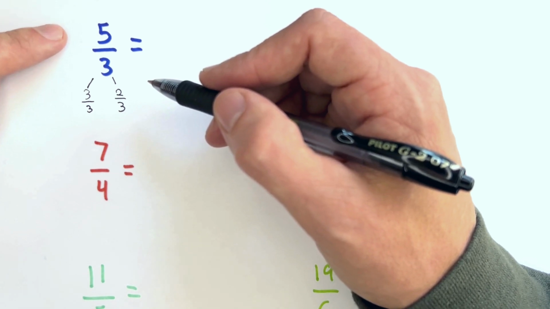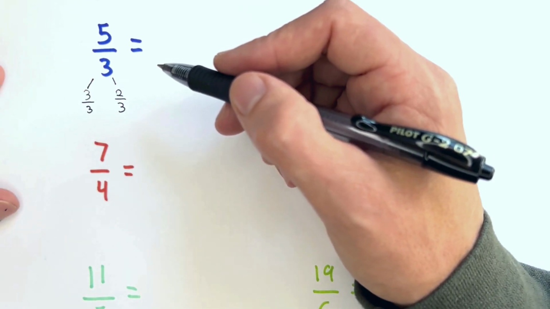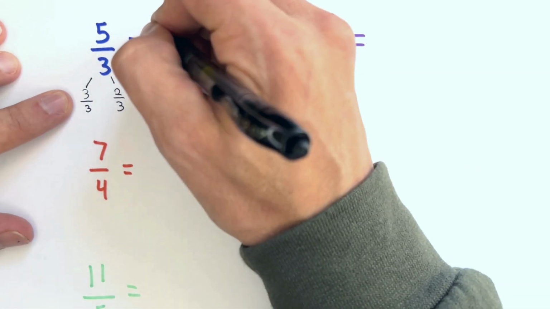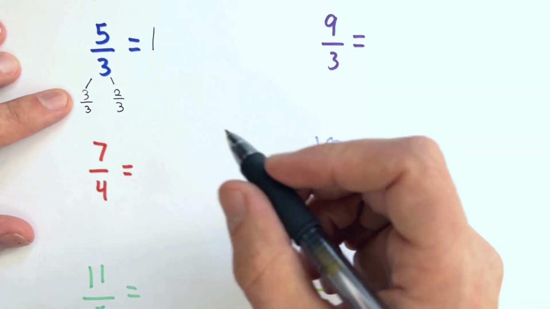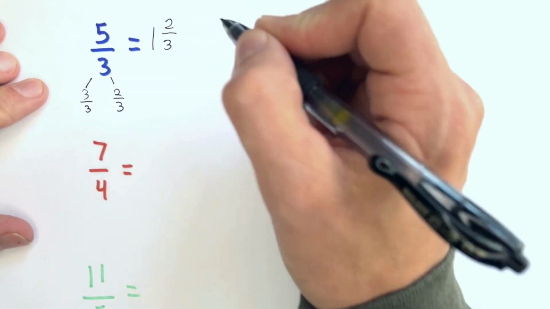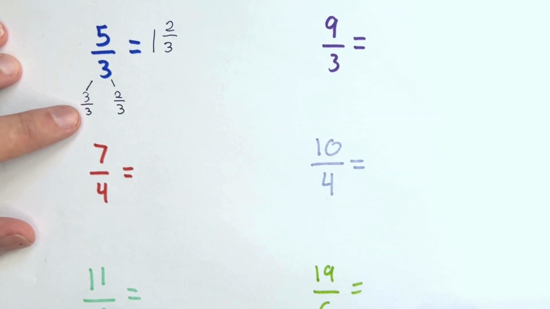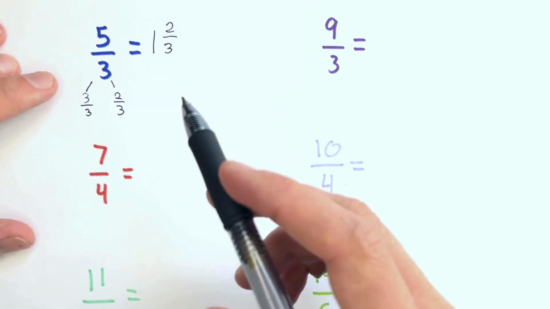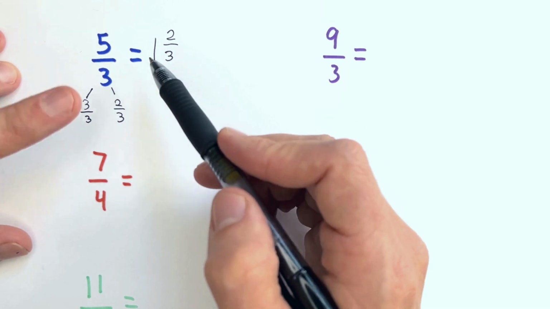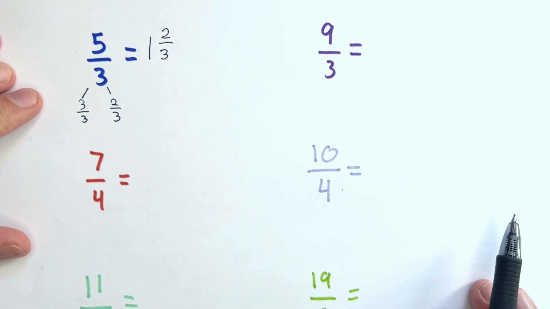How would I write this number bond as a mixed number? This 3 over 3 is worth 1 whole, and this 2 over 3 is worth 2 thirds. So I have 1 and 2 thirds. 1, and then my 2 thirds slapped on at the end.